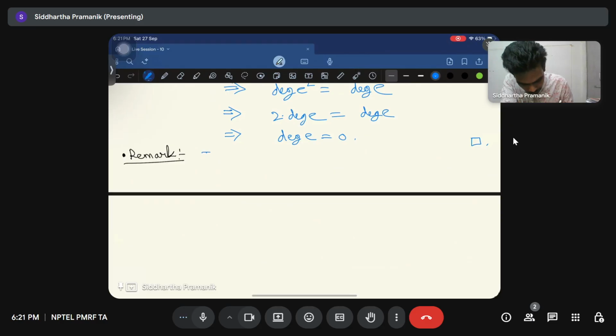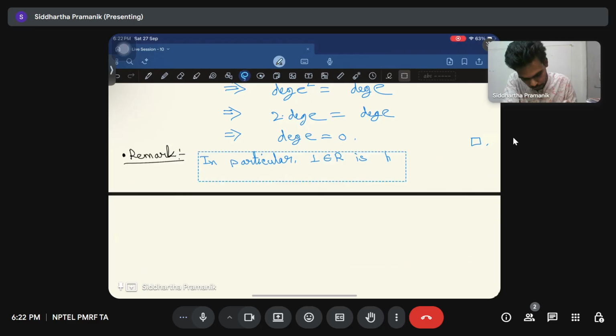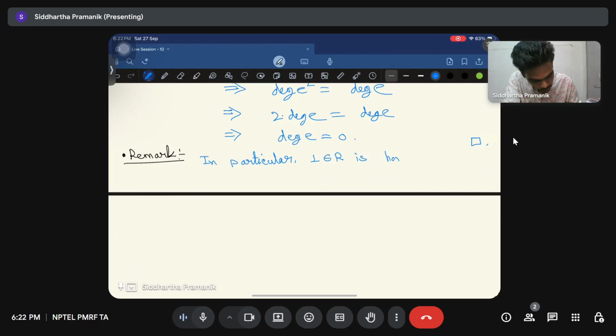So in particular, if we take the unity element, 1 belongs to R, it is homogeneous, and 1 has degree 0.